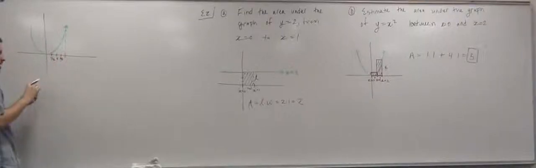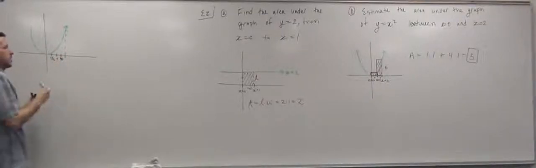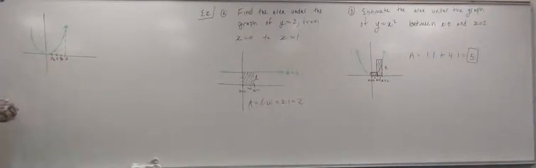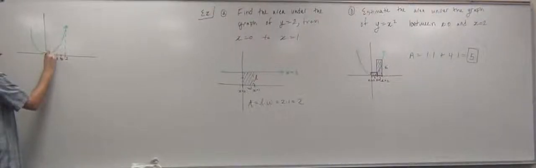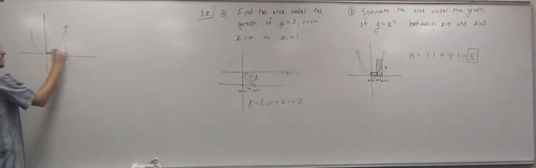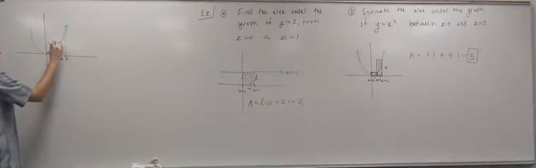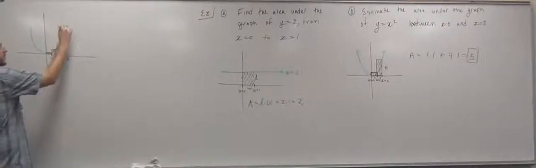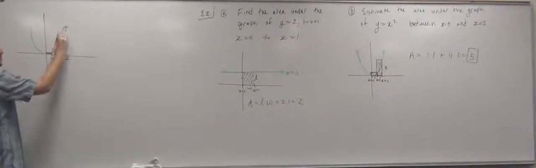And then eventually I'll make it to 2. So now I go up to my graph at 1 half, get that area, go up to my graph at 1, get this area, go up to my graph at 3 halves, get this area, and then go up to my graph at 2, and get this area.